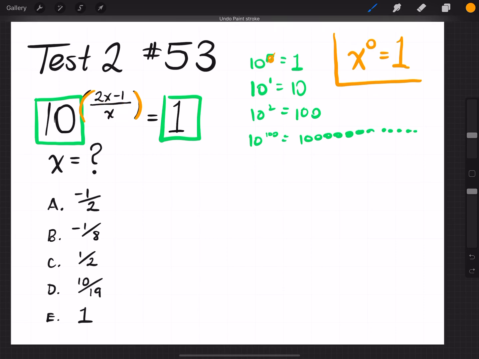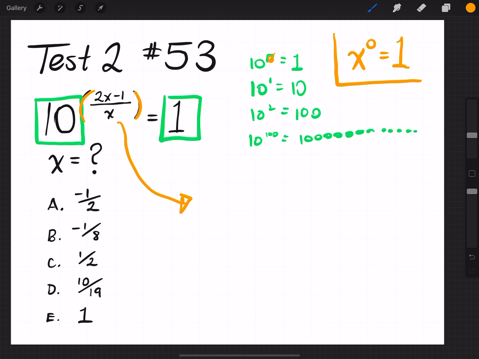So what I'm left with then is just 2x minus 1 over x equals 0. Okay, how do I find that out then? I'd multiply both sides by x. Those cancel out here. 0 times x is just going to equal 0.